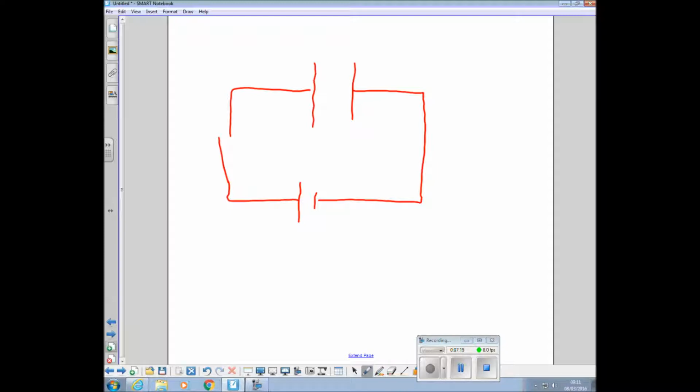So if we close that switch now, remember that the material in here is an insulating material. So in theory, absolutely no current can flow through that capacitor. If that was a perfect insulator, we can't get any current go from there through that insulation and into this part of the circuit.